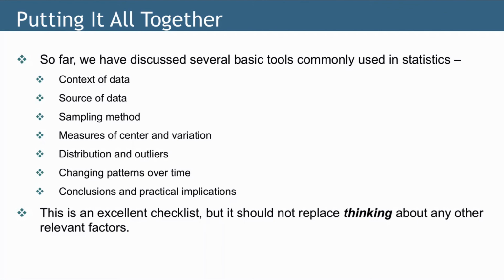Because just because something's true now doesn't mean it's always true. And then, at the end of the day, can we come to any conclusions or practical implications? All right. So, whenever you have data, these are the kinds of things we want to look at when we're just trying to break it down and describe what's going on. And then we're going to learn inferencing and all that in the later chapters, which is the big decision-making kind of stuff.